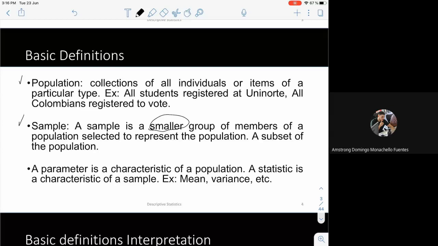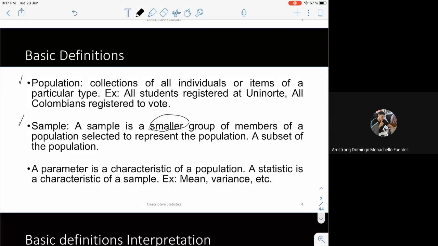But the way they collect that sample, of course, has some statistical background. It's not only a random selection. They have some guidelines or methodologies to get a good sample. That sample is a representative sample from the whole population, so they can make an inference about the population using the sample.